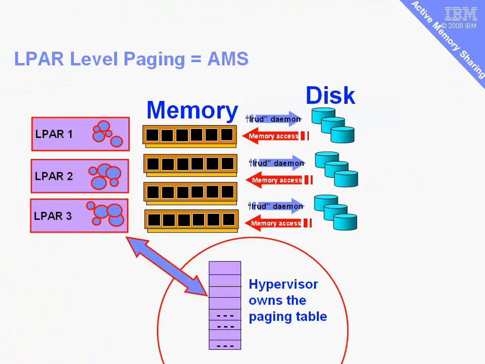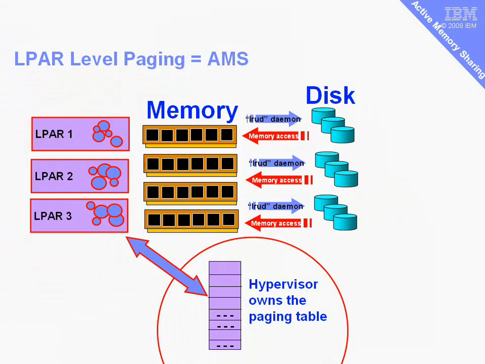And you may not realize it, but the page tables of all the logical partitions are actually owned by the hypervisor in our Power 4, 5 and 6 based machines. This is so that the hypervisor can make an absolute guarantee that logical partitions don't look at memory that they don't own. This is how we can guarantee the security of the memory in a logical partition.